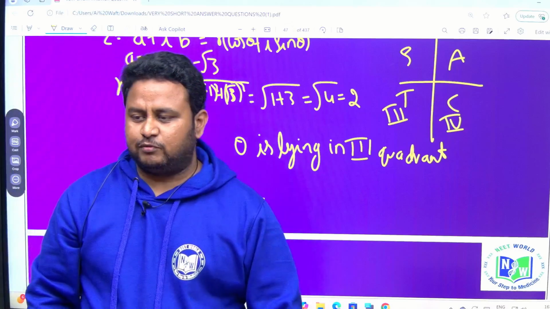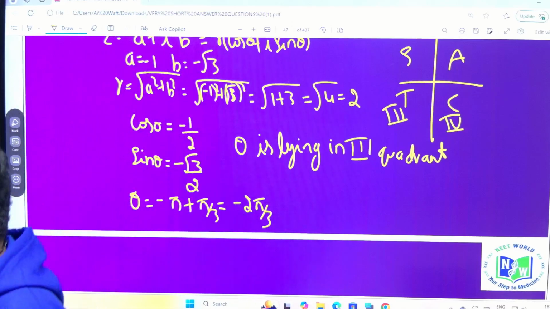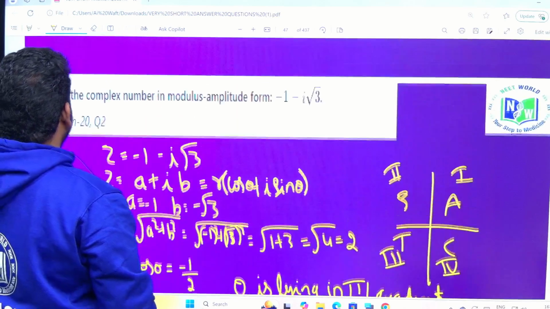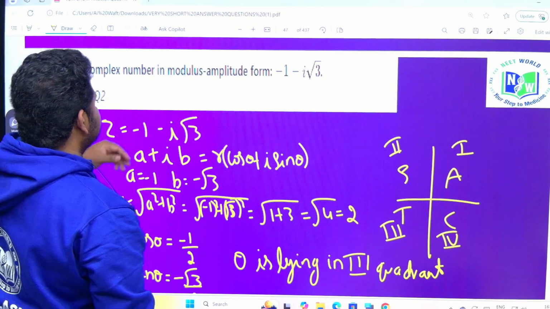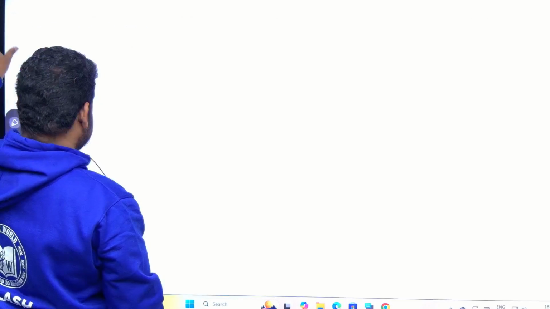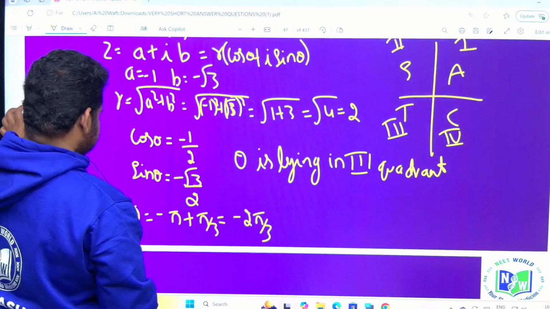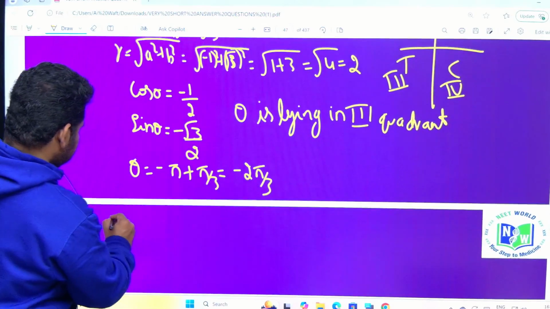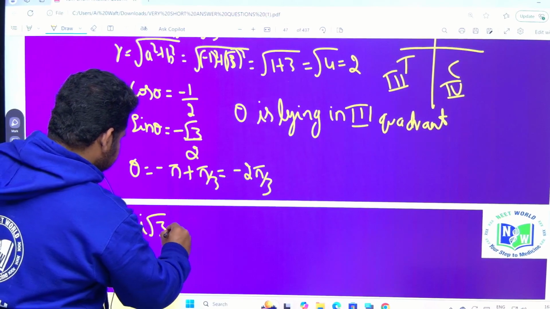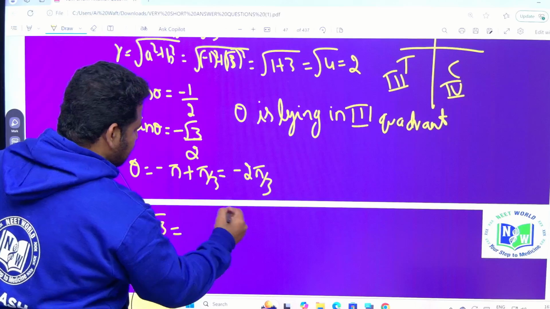So now you can write it in polar form. The given complex number can be expressed in the modulus amplitude form. So minus 1 minus i root 3 can be written as r into cos theta plus i sin theta.